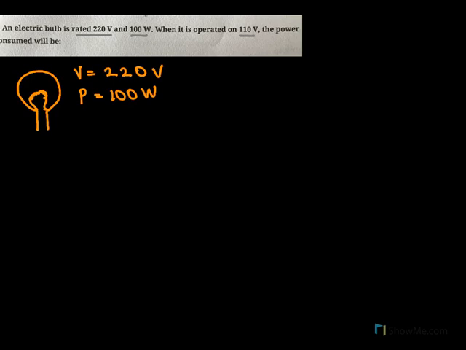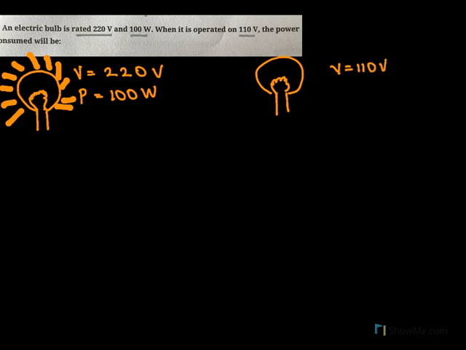In the next case, the same bulb, however now the voltage has dropped. If 220 volts was given and the bulb lit with certain brightness, now the voltage has dropped to 110. You'll definitely agree that the brightness will also drop. It will be less bright now. So we need to find its new power.